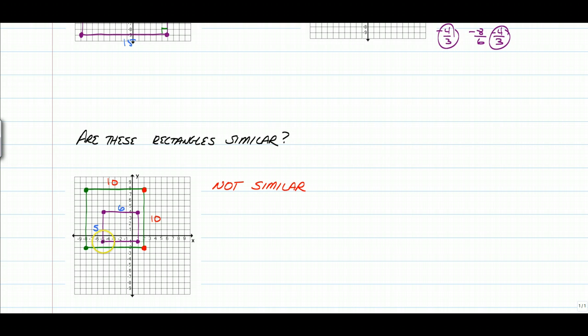But then when you get to this one, you have negative 5, negative 1. If you multiply that by 2, you're going to have negative 10, negative 2. And then this one up here would give you negative 10, 8. So if you were to dilate the purple one by a scale of 2, you would see that the green one does not match up.